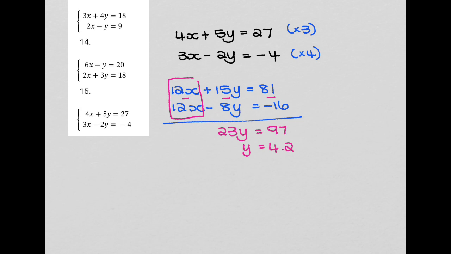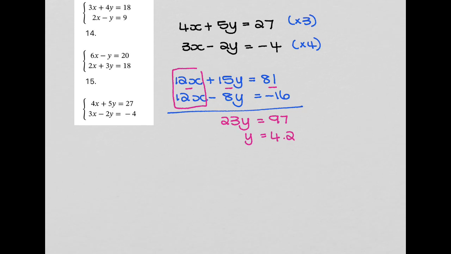It doesn't matter which top one you put it into. You can quite literally pick any of the 4 equations that are on top. I think I might go for the very top one, simply because it's got positives in it, and I want to deal with positives instead of negatives. So I'm going to say that 4x plus 5y, but I now know that y is 4.2, is equal to 27.